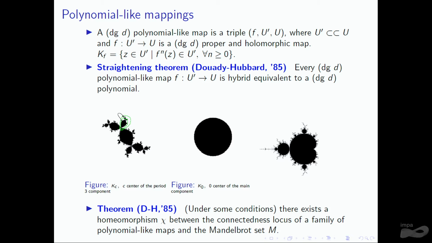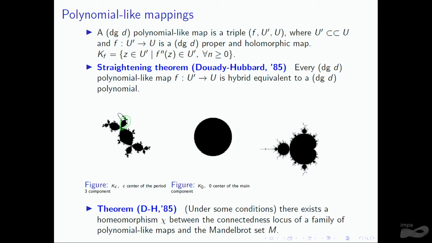Okay. And this component is mapped to itself at the third iterate. The third iterate of a polynomial of degree 2 is a polynomial of degree 8. But if we restrict to this one, this guy is called the Douady rabbit, for some reason.